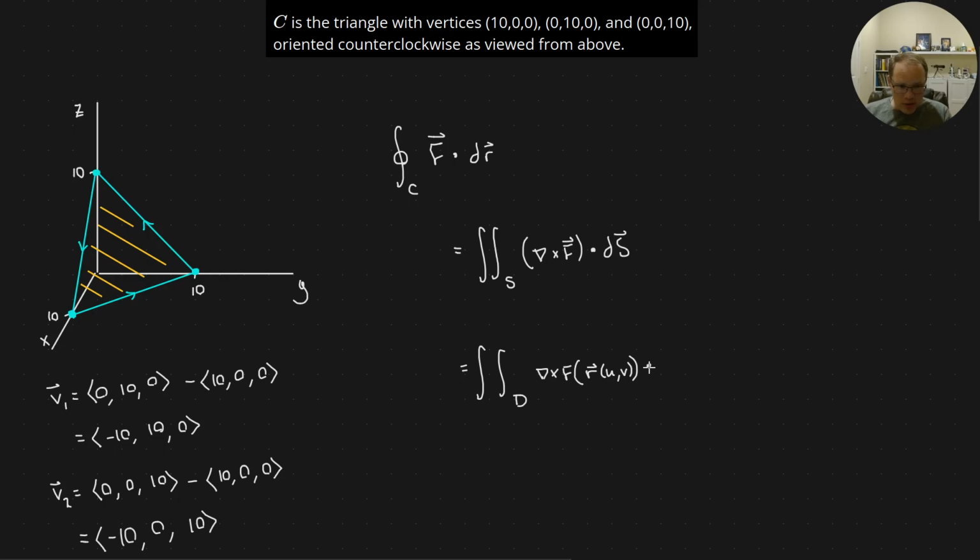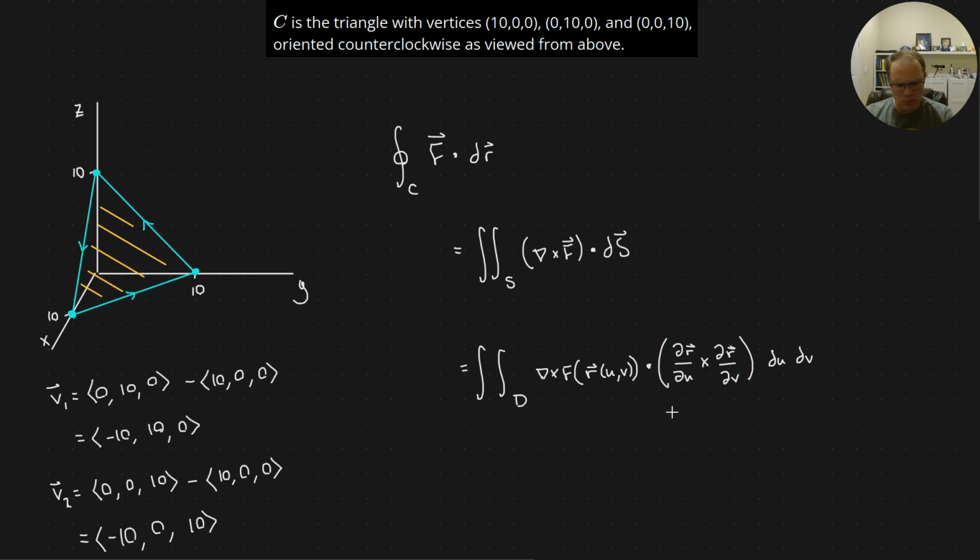And then I'm going to take the dot product of that with the cross product of the partial derivatives of our parameterization. Okay? So I've got a couple cross products to find here before I can plug in. I need the curl of my vector field, into which I will plug in my parameterized surface. And I also need the cross product of the partial derivatives of my parameterization.